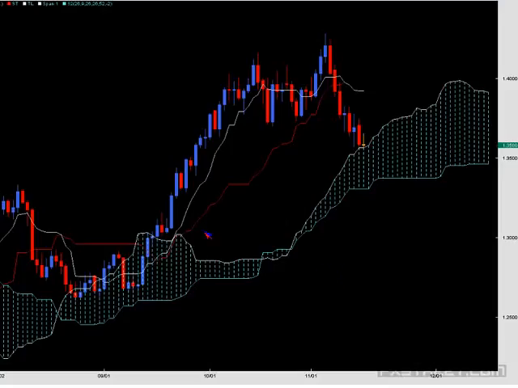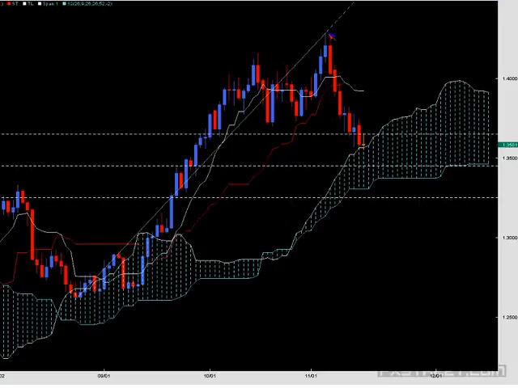In essence, it gives you a continuous dynamic 50% Fibonacci for the last 52 candles of price action. Now, I can't count it really fast in my head. I'm not Rain Man, but assuming that this is the high and the low, here's your 50% Fibonacci, and here's your Senkou Span B.